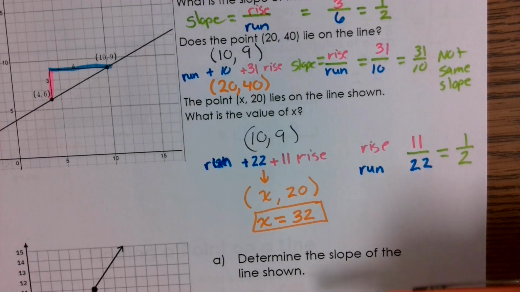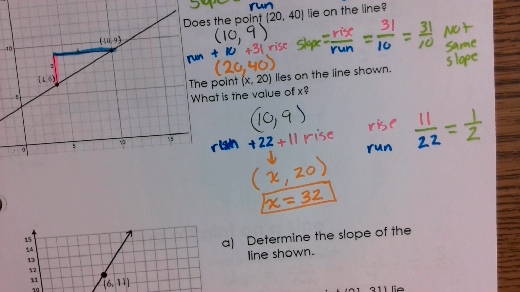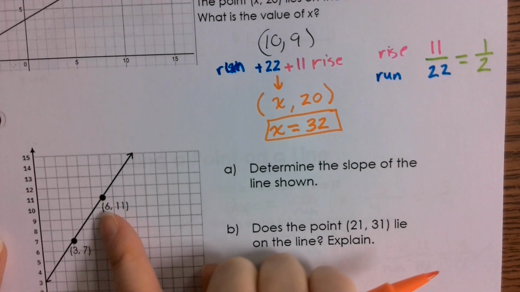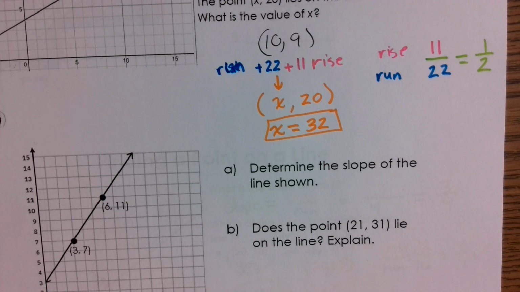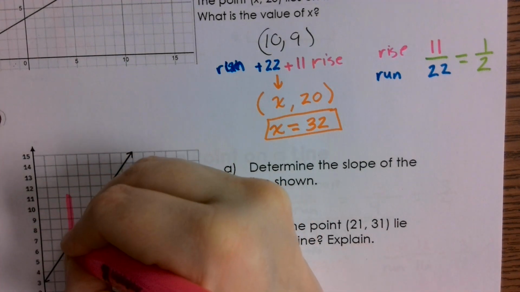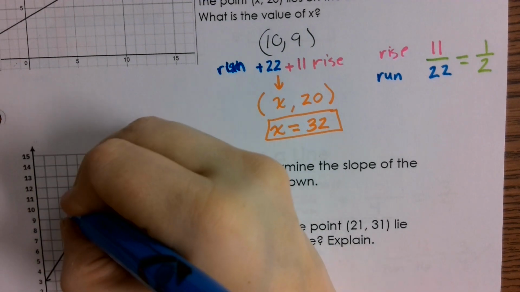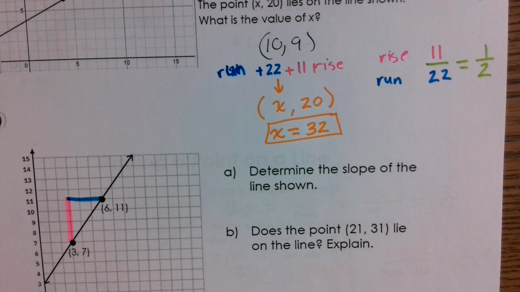Okay, we're going to go ahead and just do part A for this last one: determine the slope of the line. Taking a look at this given line here, we want to find the rise over the run. My rise moves vertically. My run moves horizontally. What is my rise?